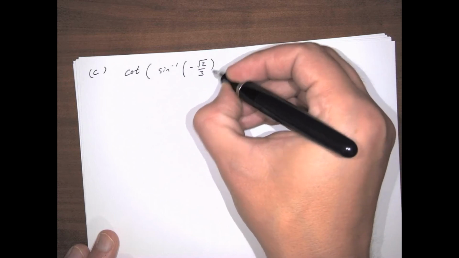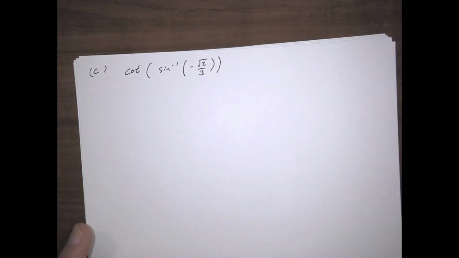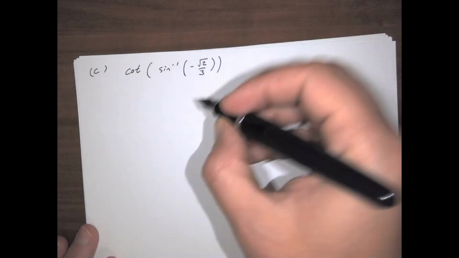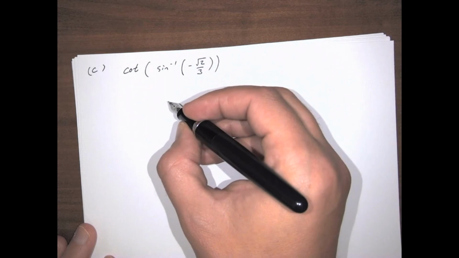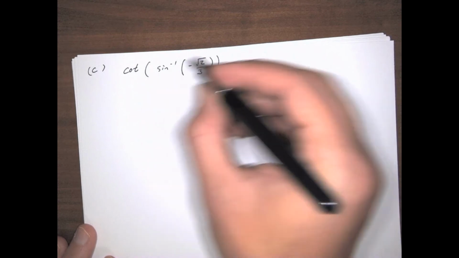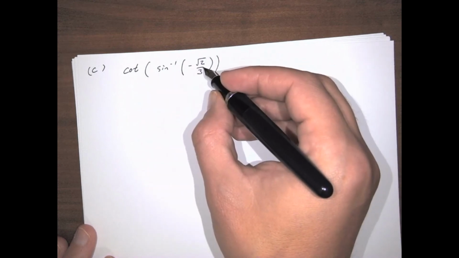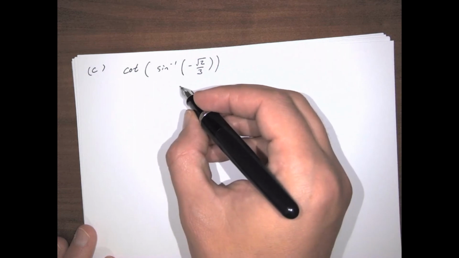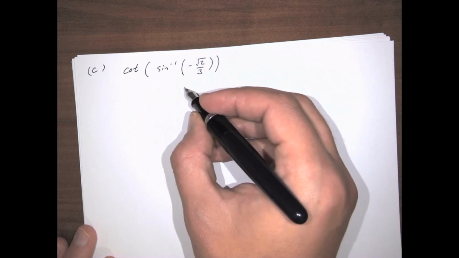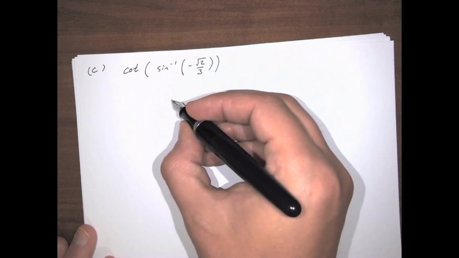This one happens to look like one of our friends, but be careful, this isn't one of our friends. Negative root 2 over 3 is not one of our friends from the unit circle. Okay, so this one involves just the cotangent of a sine inverse. So the sine is on the inside, and that makes it a little bit nicer.